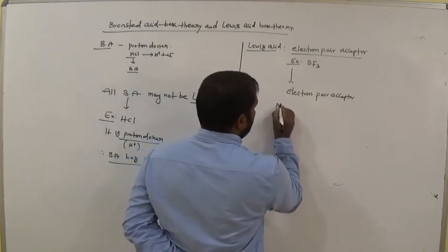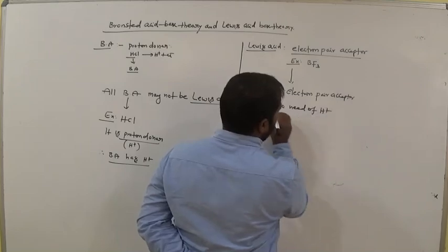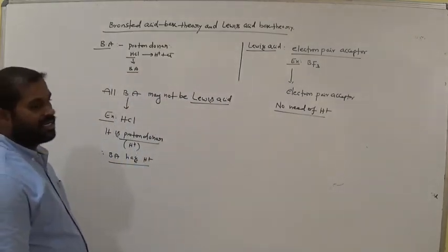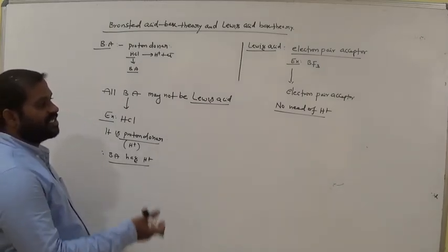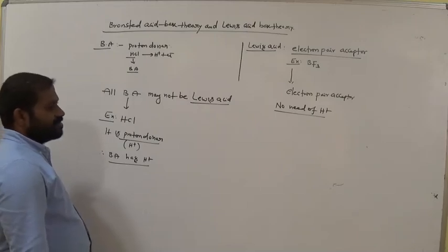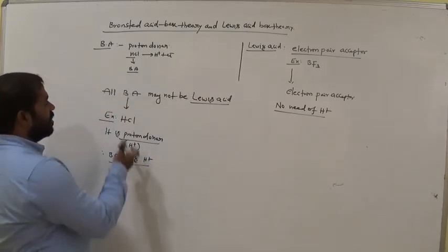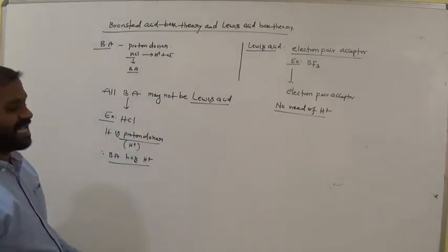So there is no need of H plus. There is no hydrogen in a Lewis acid, for example boron trifluoride. So all Bronsted acids may not be Lewis acids.